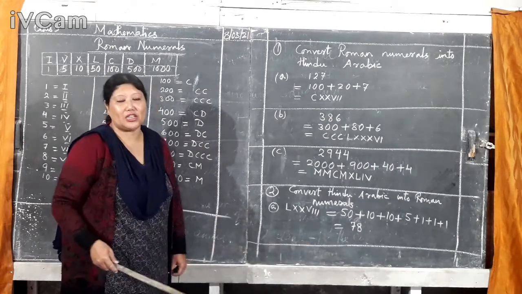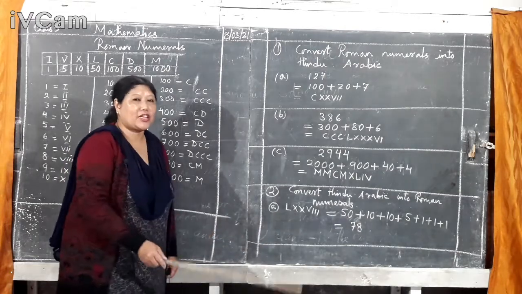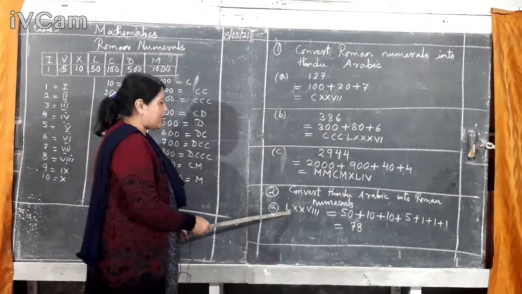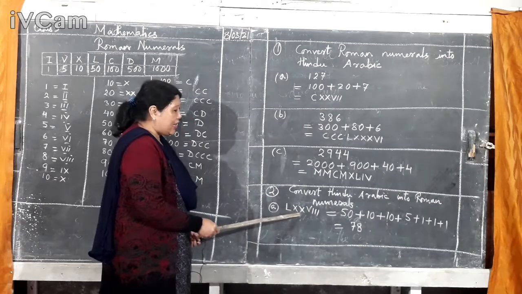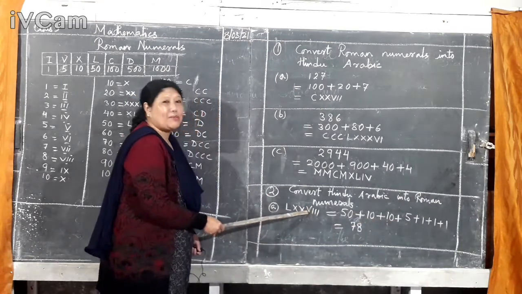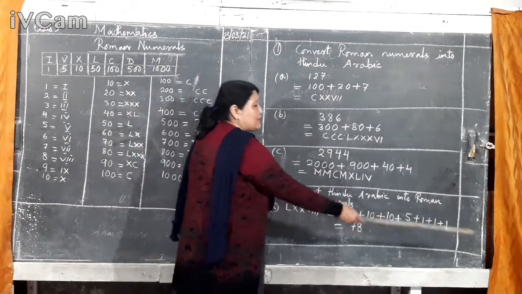How will you convert? To know it, you break up the symbols. First L means 50, X means 10, 10 two times, so 10 plus 10 plus 10. Then V means 5, then I 3 times means plus 1 plus 1 plus 1.